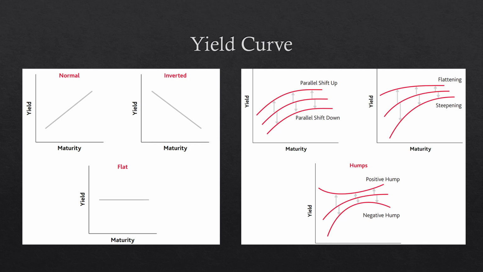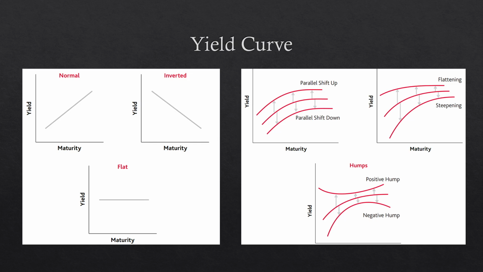But in situations where interest rates are expected to go down in the future, or we are expected to go through a recession, that's when the inverted yield curve comes up. And in between, there is sometimes a period where the yield curve is flat. That's where the yield is the same no matter what the maturity is.